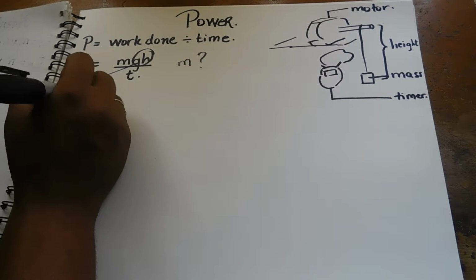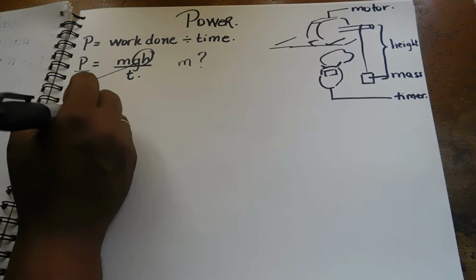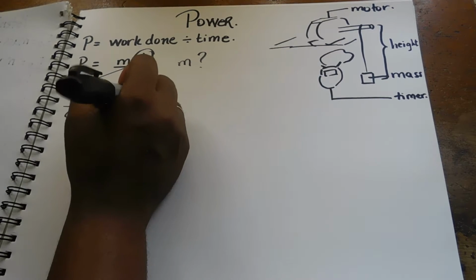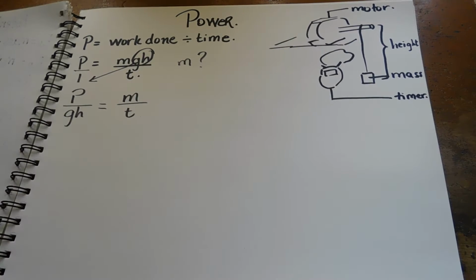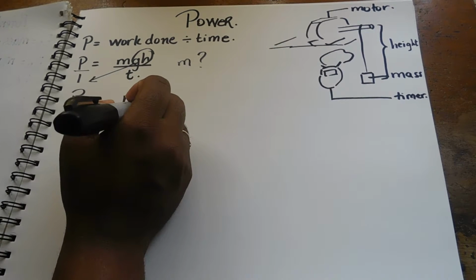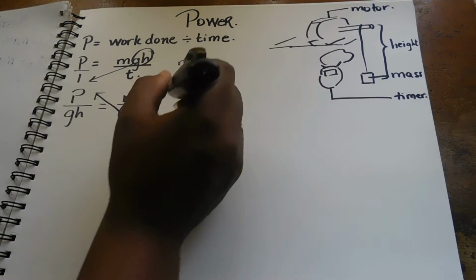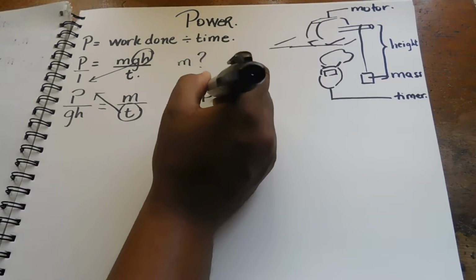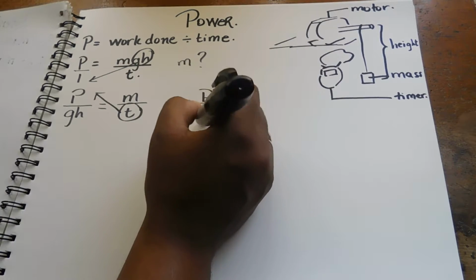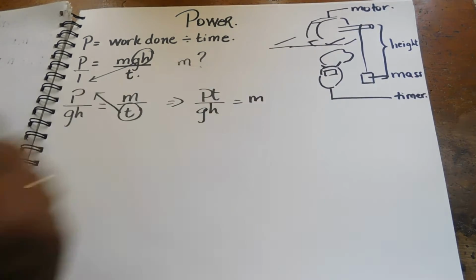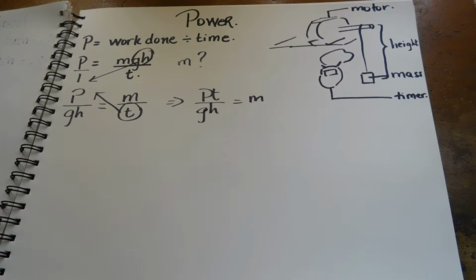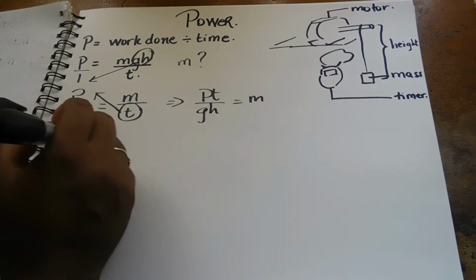But still, m is not by itself. So what you're going to do is move t up to the p, and you have pt over gh equals m. Awesome, right?